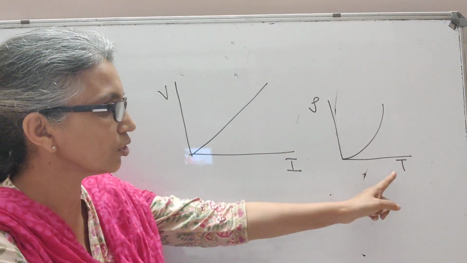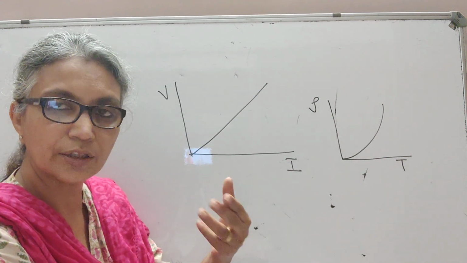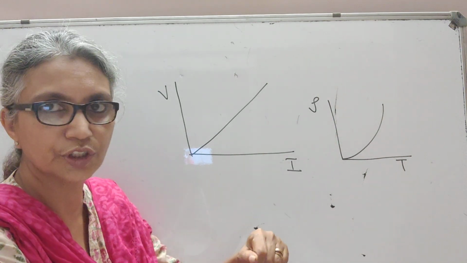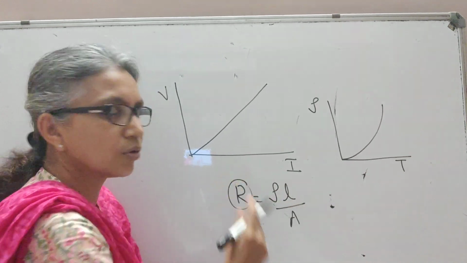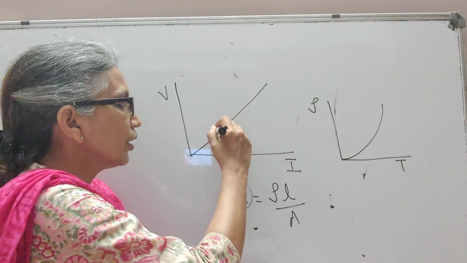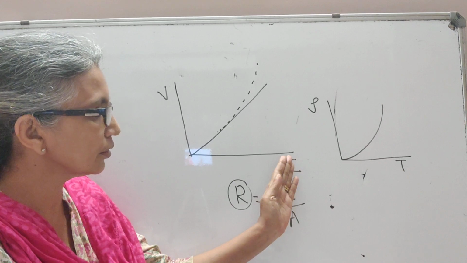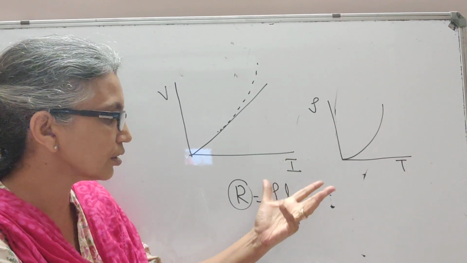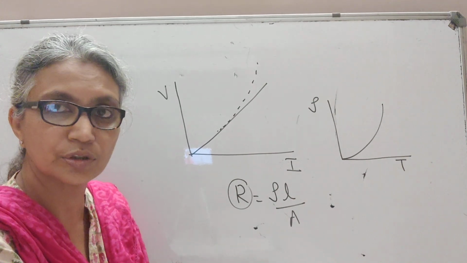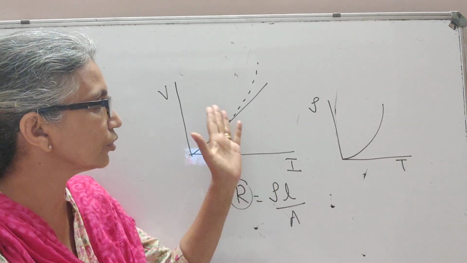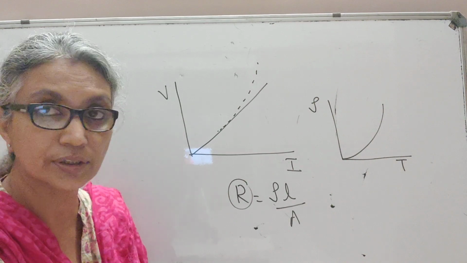So as resistivity goes on changing with temperature, when you pass larger currents, the resistor gets heated up, and its resistivity will change. If the resistivity changes, then naturally the resistance is also not a constant. So you can't have a straight line, and you will see that your line is no more a straight line. At higher current values, because of larger temperatures, there is a change in resistivity, and therefore a change in resistance. So this again is a limitation of Ohm's law, because then at high temperatures V is not proportional to I.